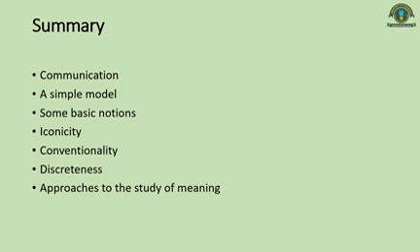Then we talked about conventionality, that many of the signs used by humans in communication are natural in the sense that they are part of genetically inherited biological makeup and do not have to be learned. We have already talked about discreteness, and then we discussed some communicative channels.